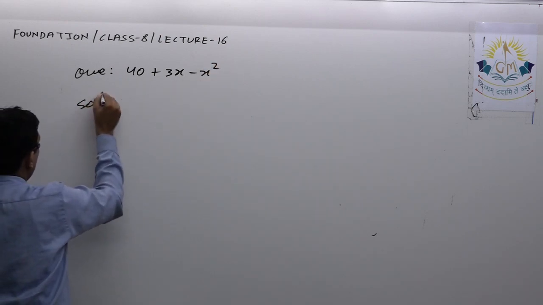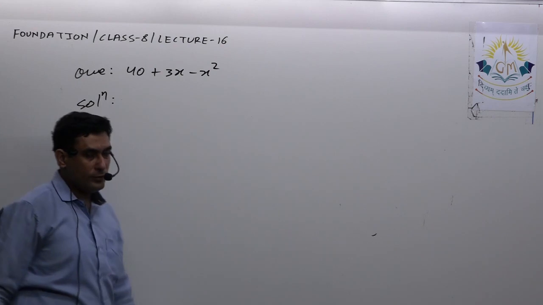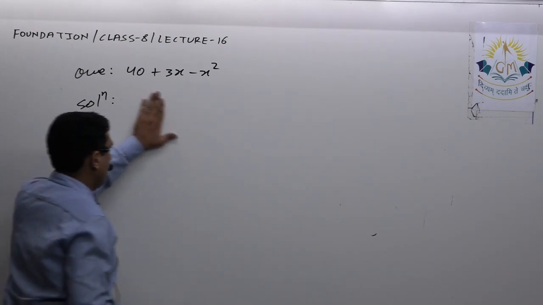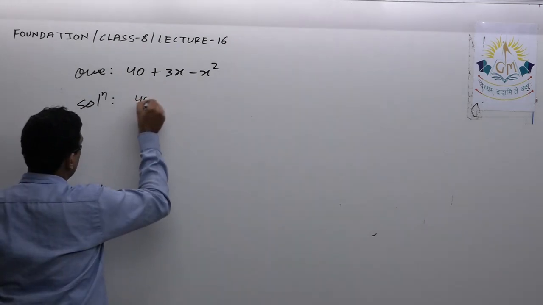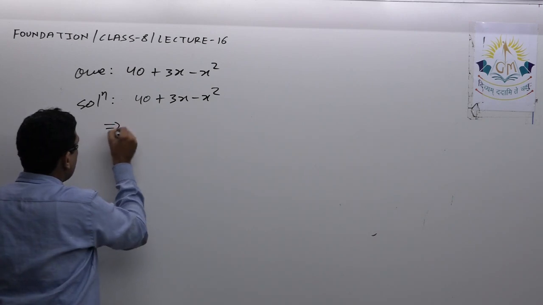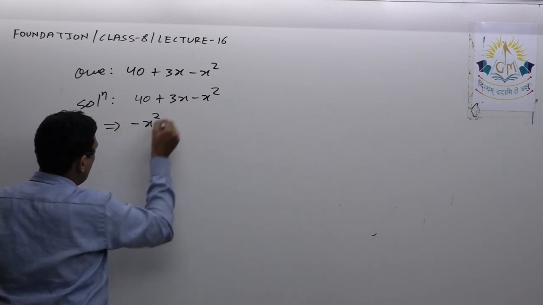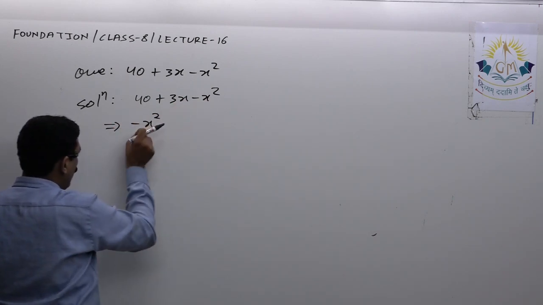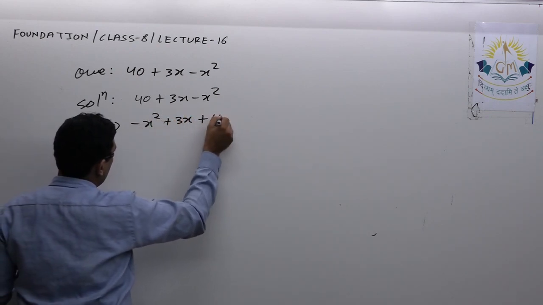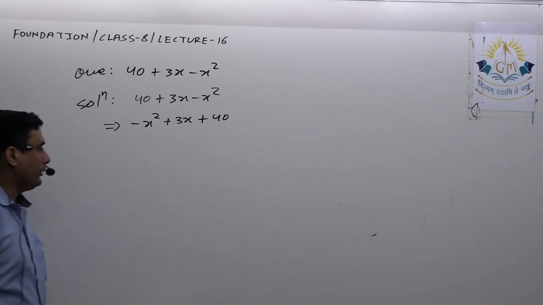So the very first thing that we always do is check whether it is in standard form or not. No, this is not in the standard form. So we write this in the standard form. First we write whatever is given. Then in the next step, I write first the term of x square as it is, minus x square, plus 3x, then plus 40.